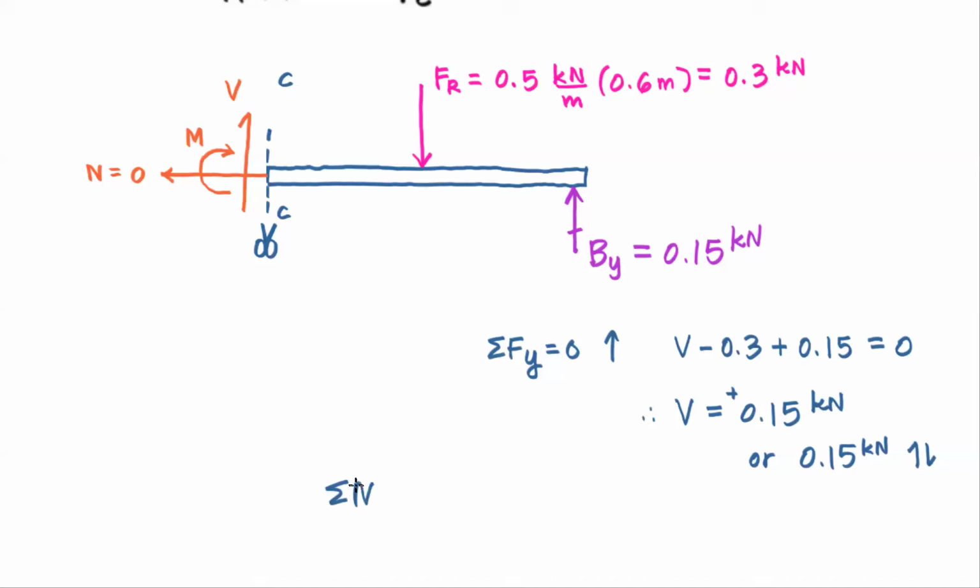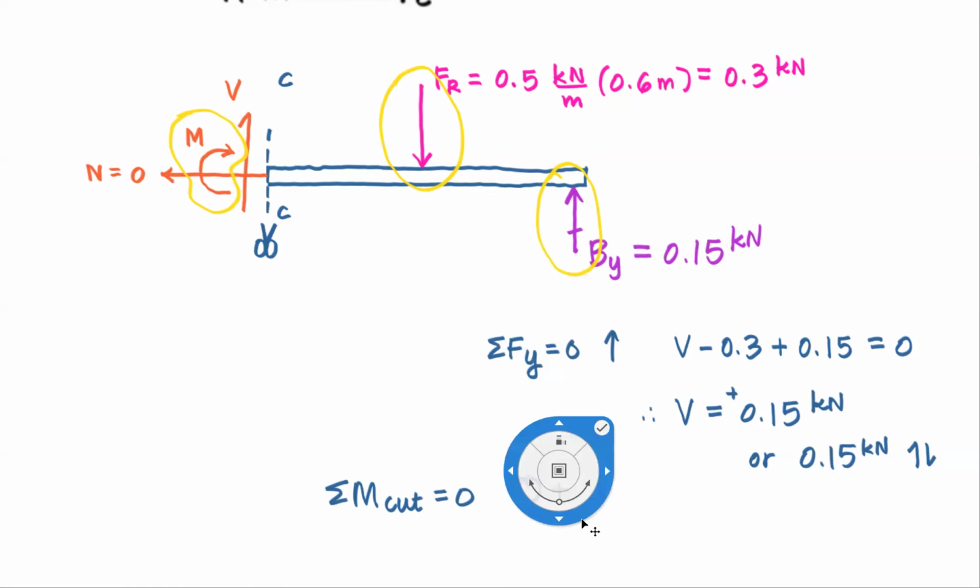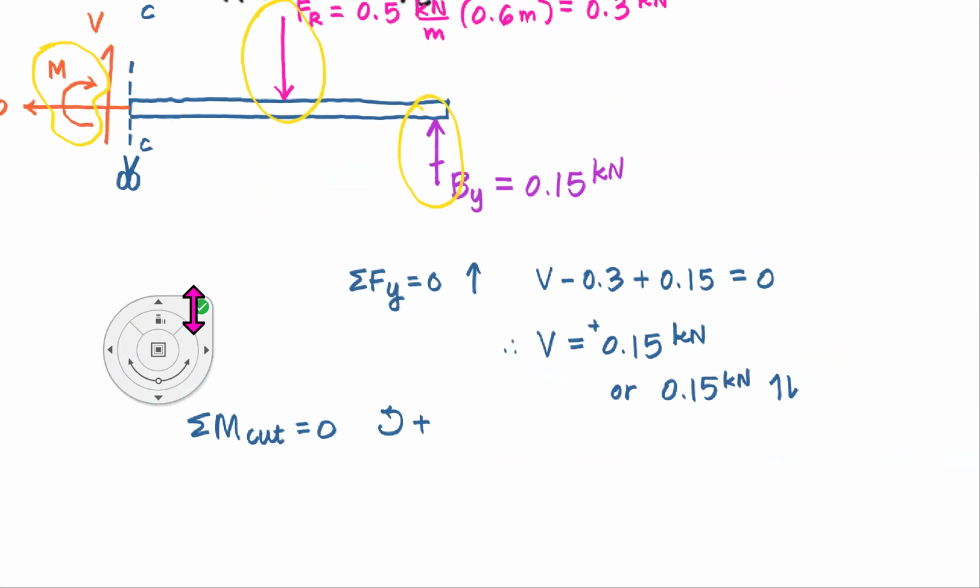Next up, summation of the moments about the cut is equal to 0. And we'll do counterclockwise positive. How many terms do we have? 1, 2, 3. First term, oops, sorry about that.